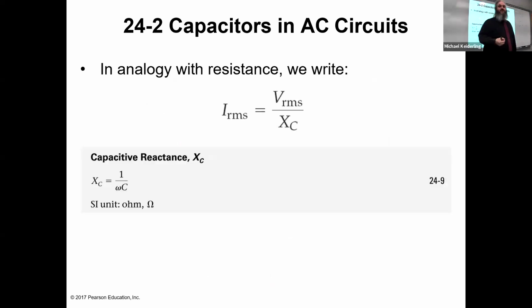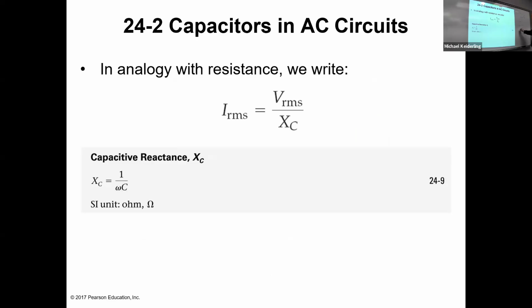And so in analogy with resistance, for a resistor, current RMS equals voltage over resistance.